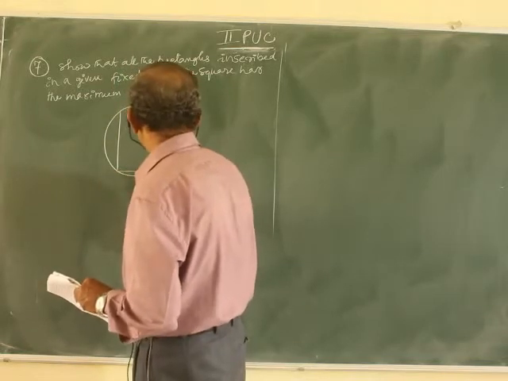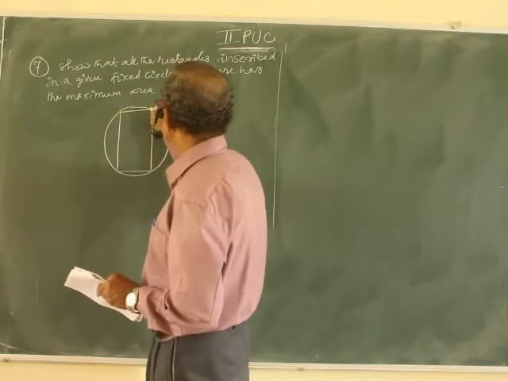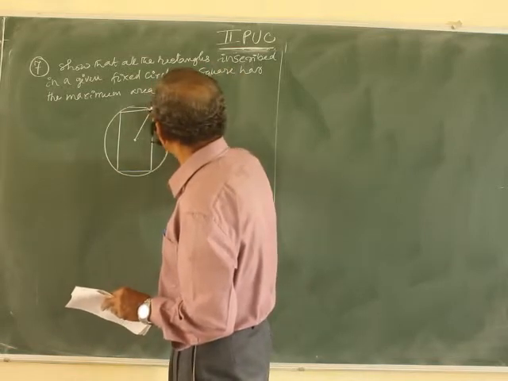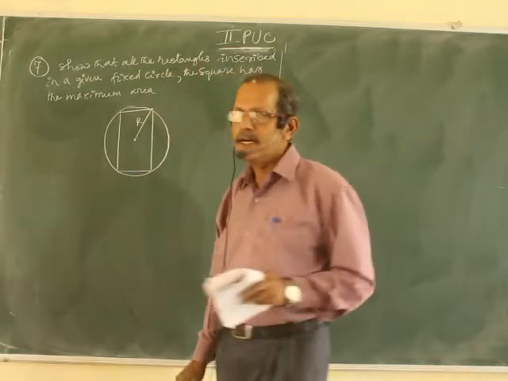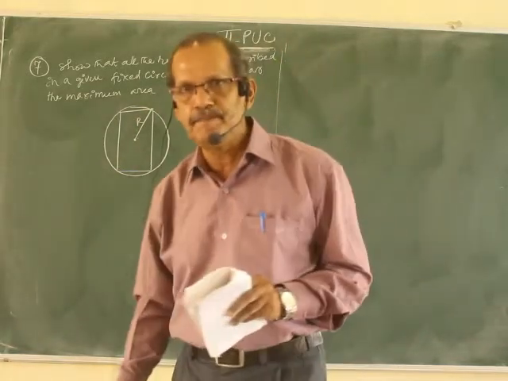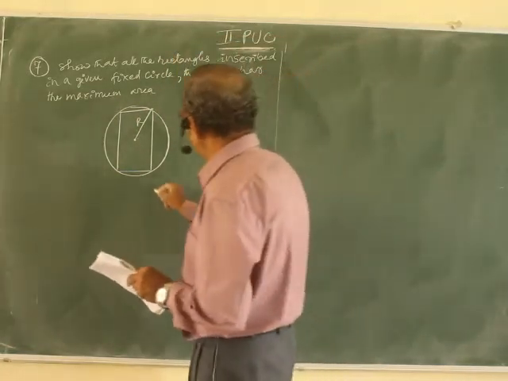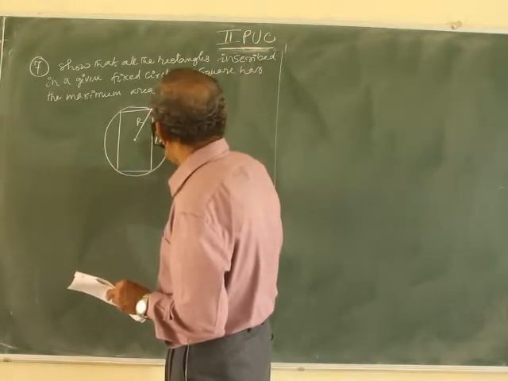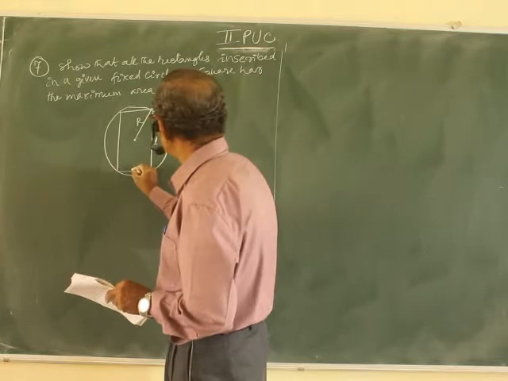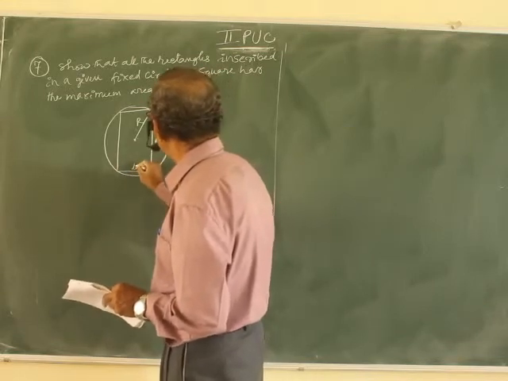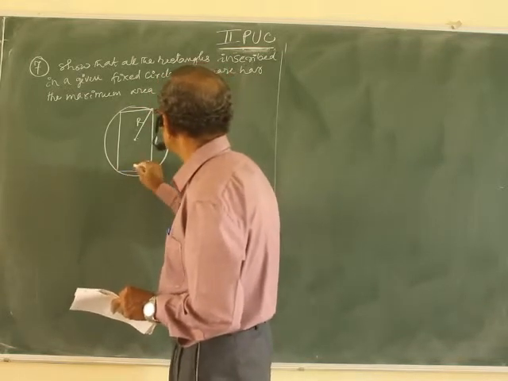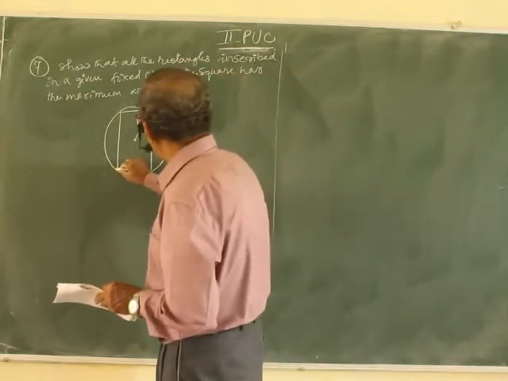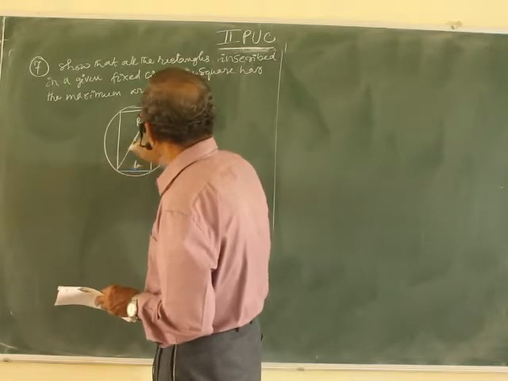Whatever may be the rectangle. And a fixed circle means its radius is always constant. Like this, let me take a rectangle. Length of the rectangle, let it be L. Width of the rectangle, let it be B. Capital R is actually the radius of the circle, constant.